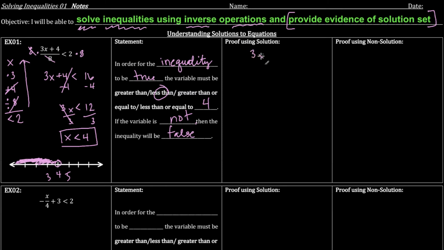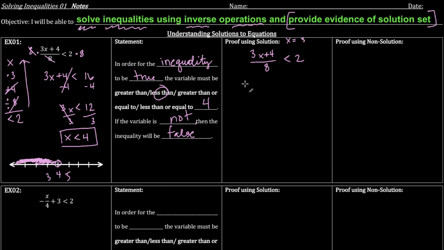So I'm going to write it out. It's 3x plus 4 over 8 less than 2. So x is less than 4, right? So let's make x equal to 3.